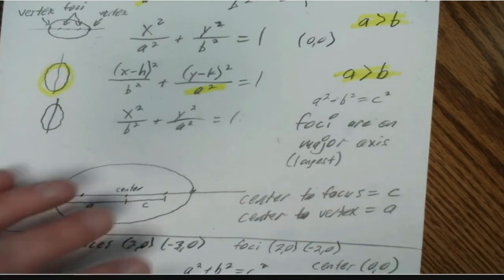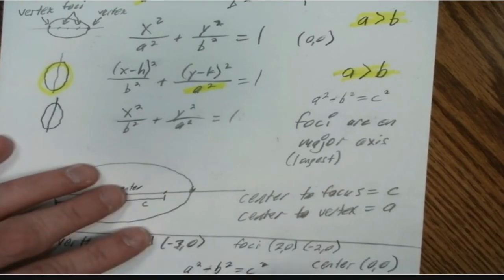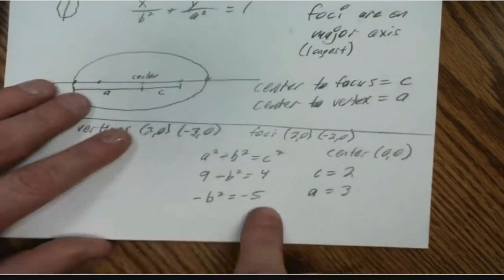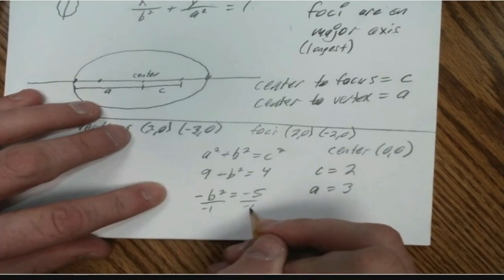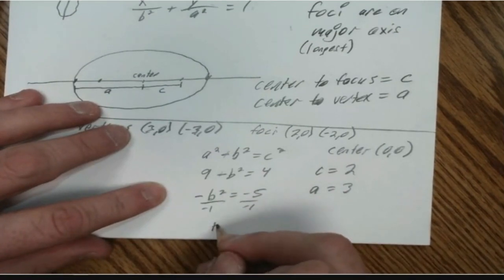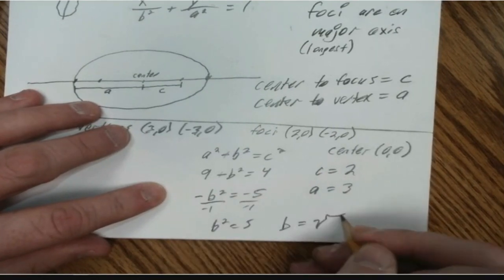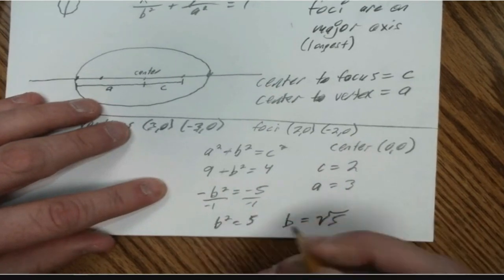So that changes everything. A squared minus, let me change this. Negative b squared, negative b squared equals negative 5. So we divide both sides by negative 1. So b squared equals 5. So b equals the square root of 5. But b squared equals 5.